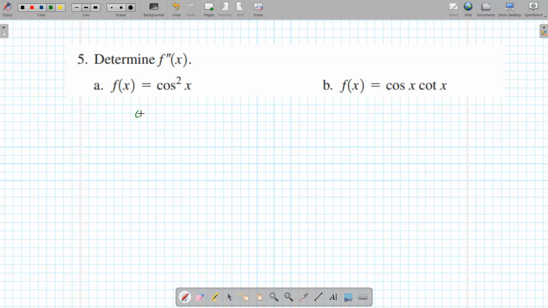So right now we have cos x squared. This is what we have originally. We need to first use the power rule. So you bring the 2 in the front.